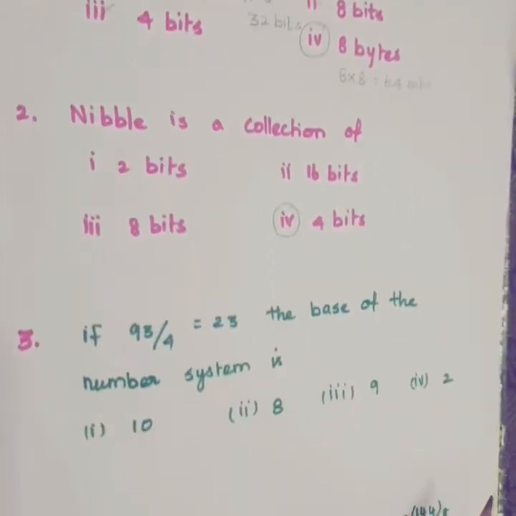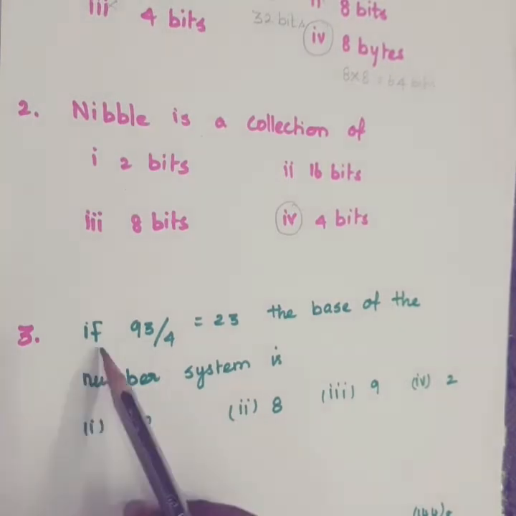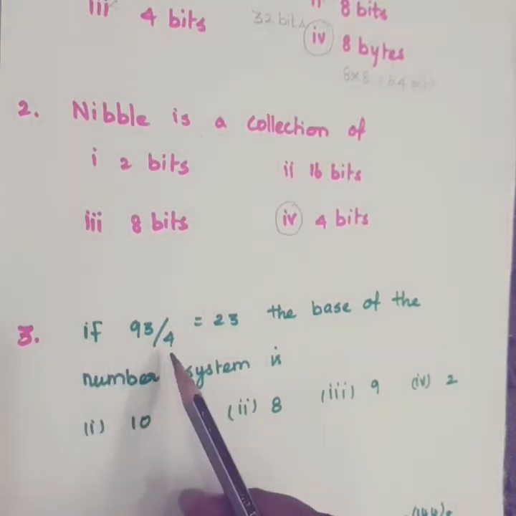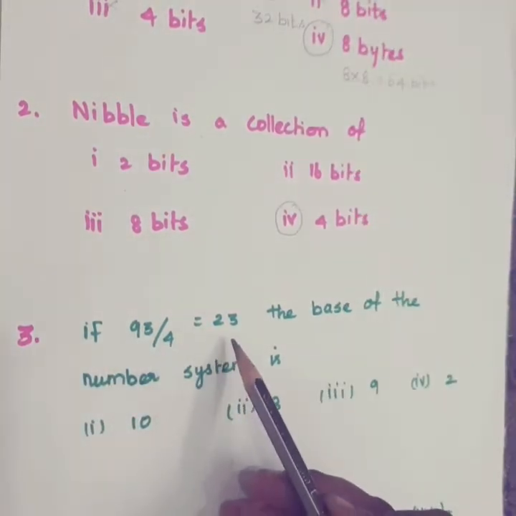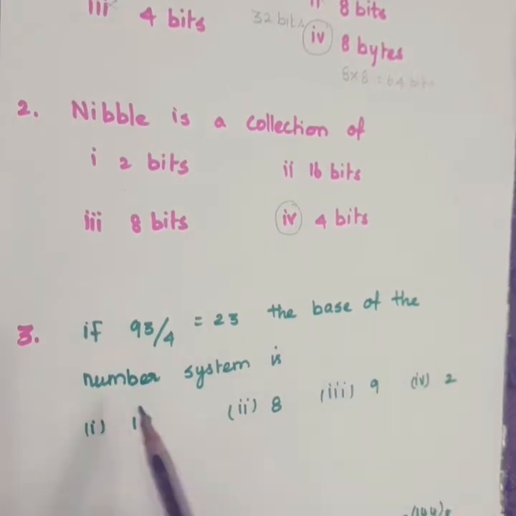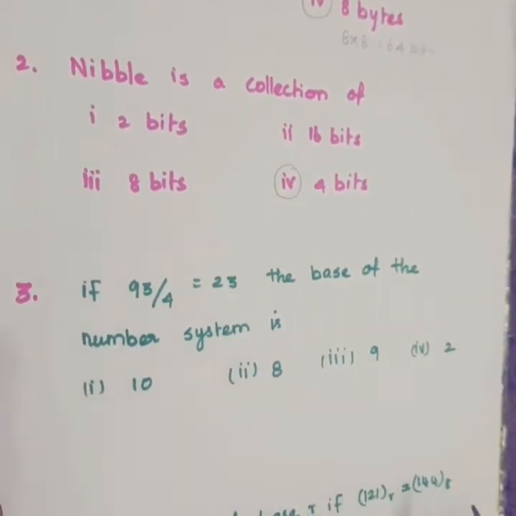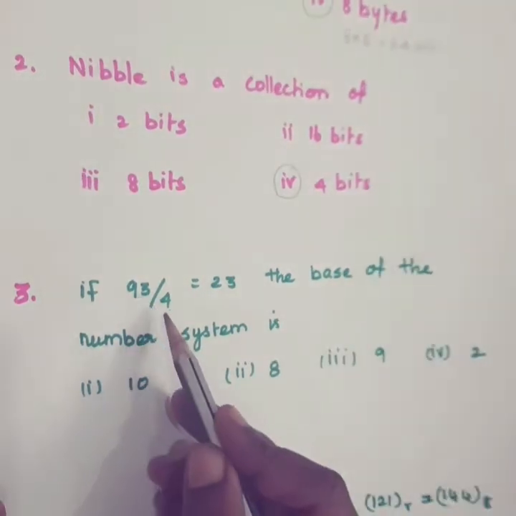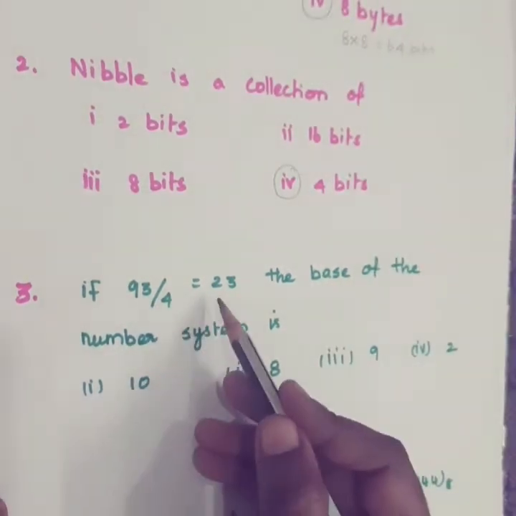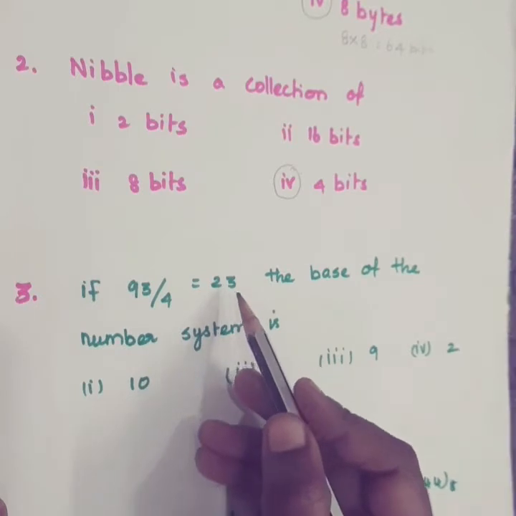Next, if 93 divided by 4 is equal to 23, the base of the number system is? So let us see how to solve this. 93 divided by 4 is equal to 23.